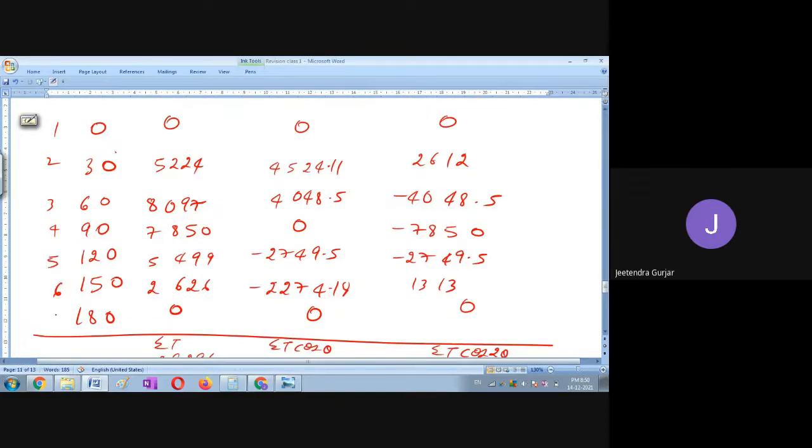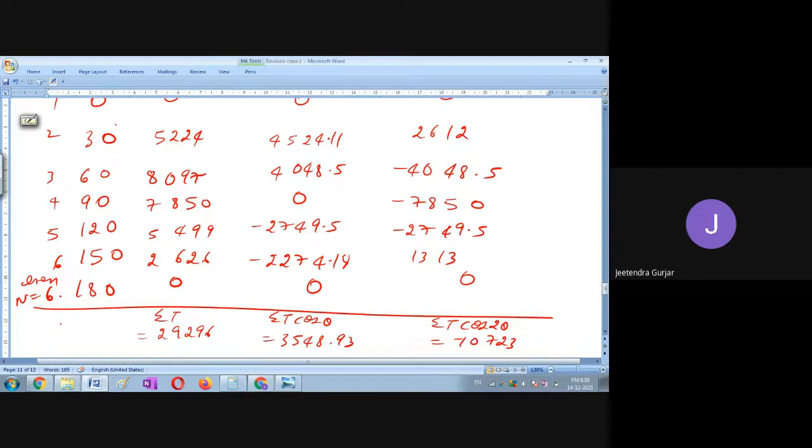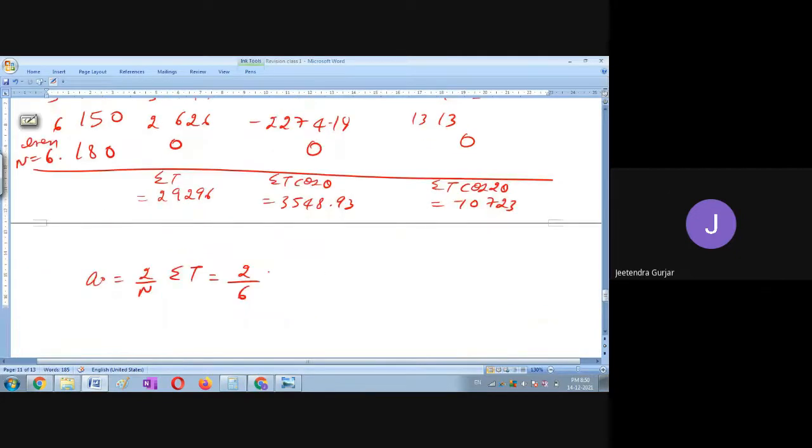So you can see it is always even. So therefore n is 6, we fix. There will be no order. So then for this, substitute 29296.